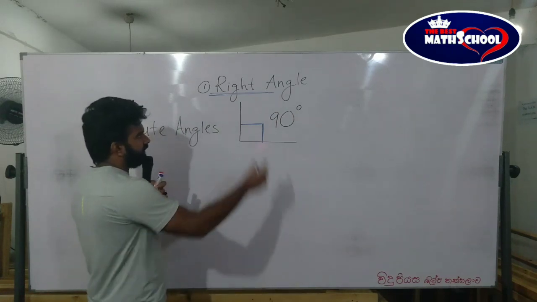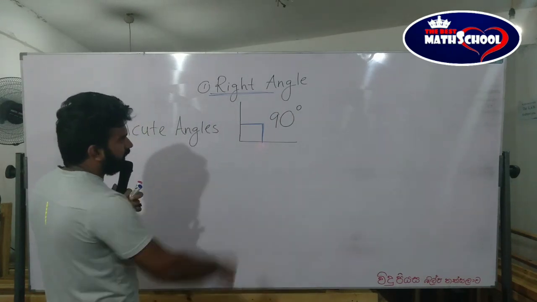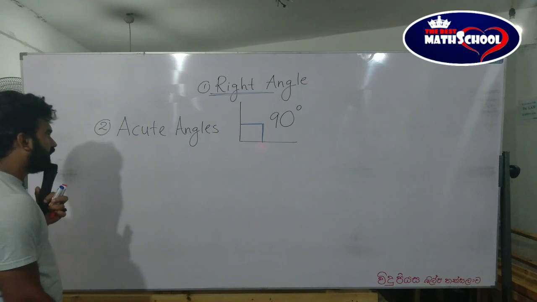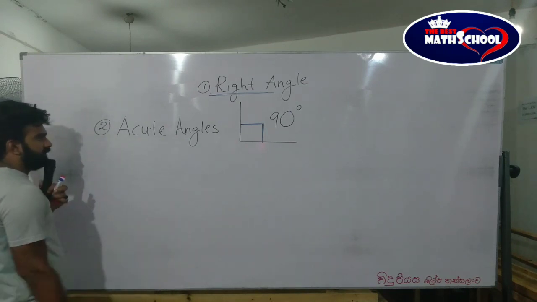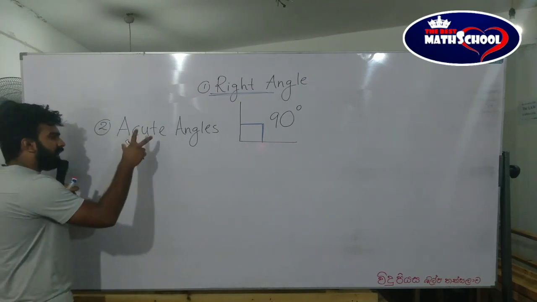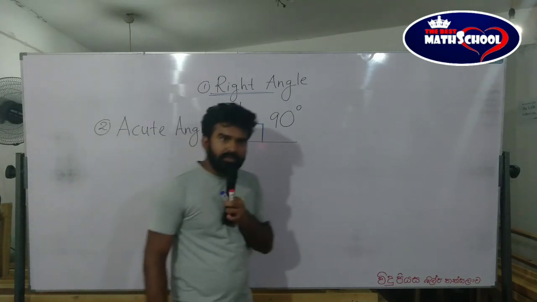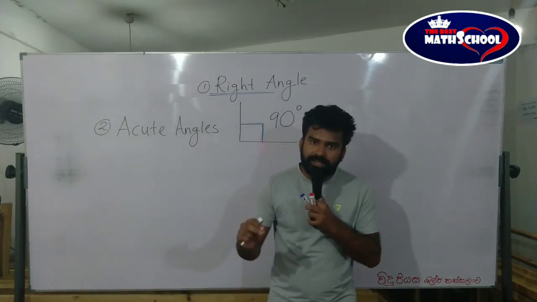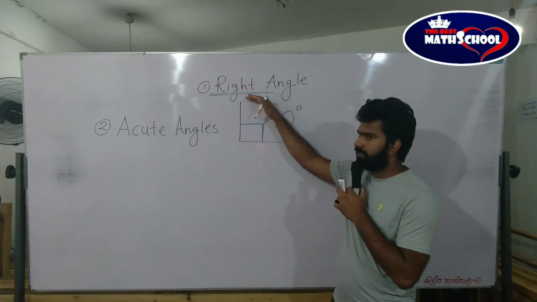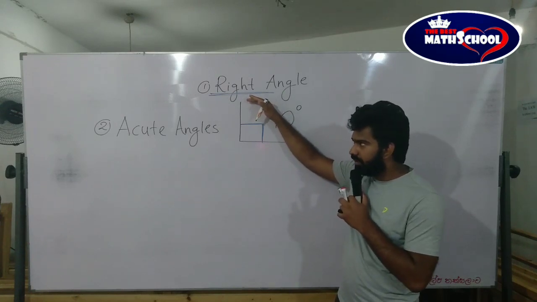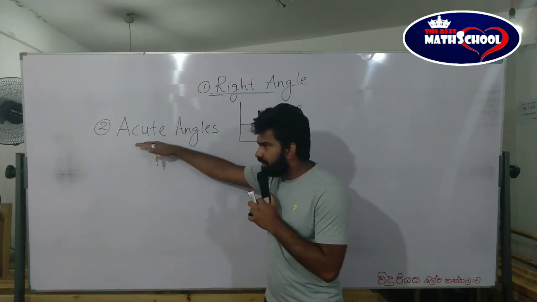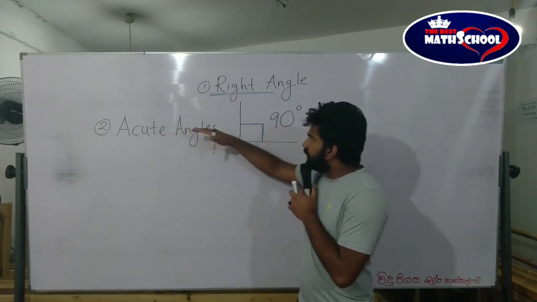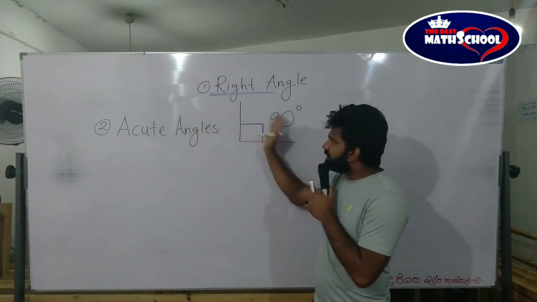The magnitude of this right angle will be 90 degrees. So acute angles means the magnitude of this angle should be less than the magnitude of the right angle. Got it? That means if it is an acute angle, it should be less than this right angle.